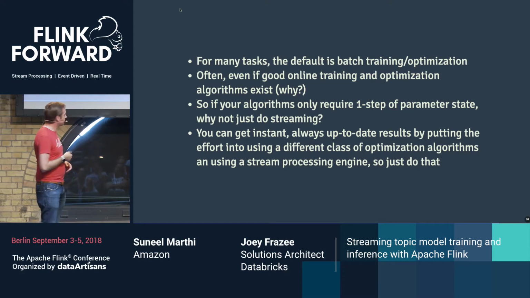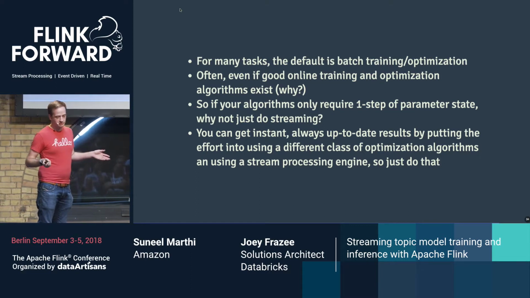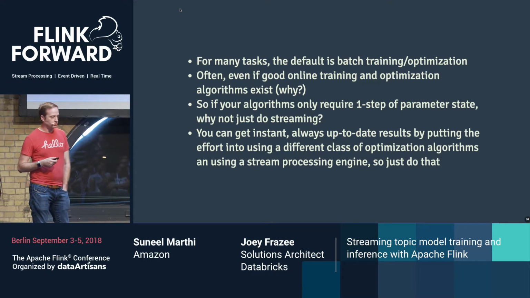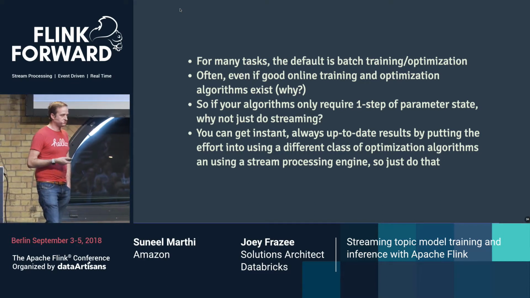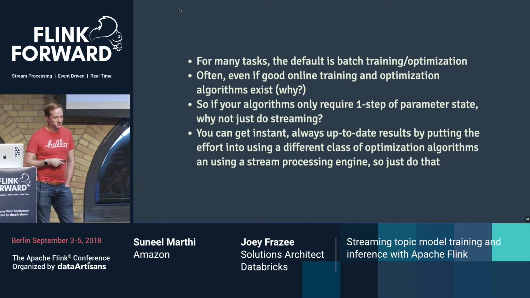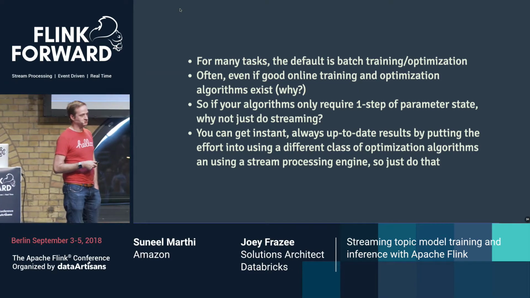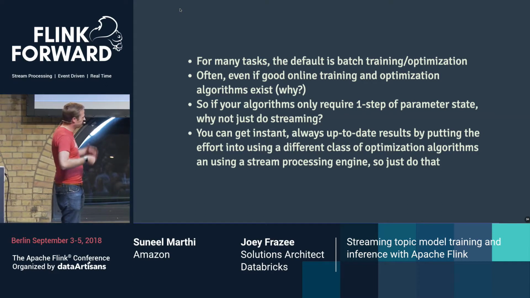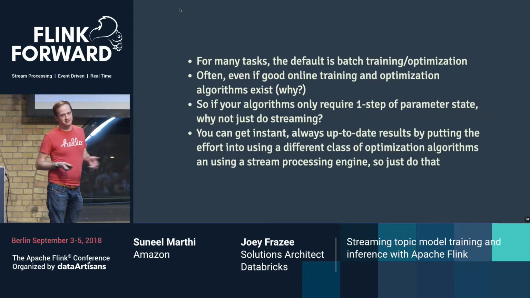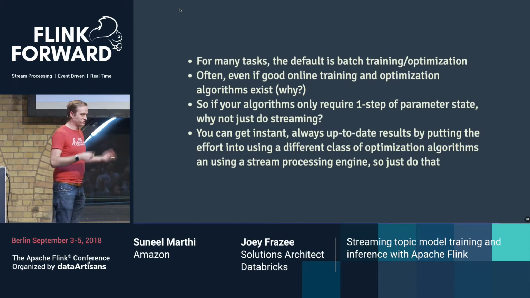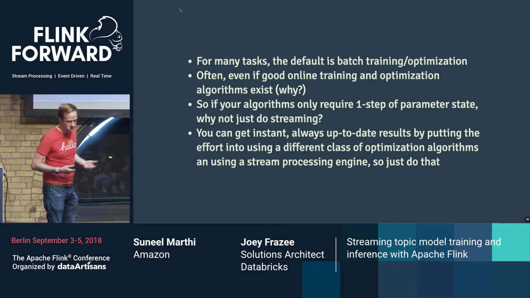For a lot of tasks, across the machine learning space, people just do batch training and optimization, even if there are good algorithms for doing it online. It's not perplexing as to why this is the case. The field grew up on smaller data sets, and they get progressively larger, and there's more streaming data now.